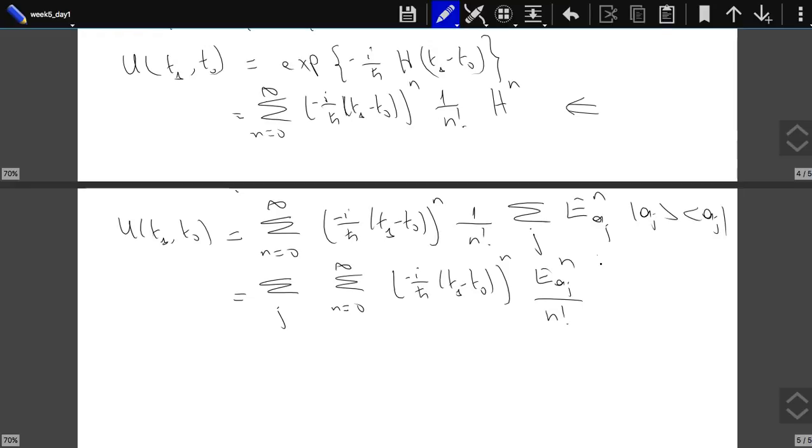You see, c_j of t, the magnitude does not change. Of course, this is only valid if these a_j's are energy eigenkets.